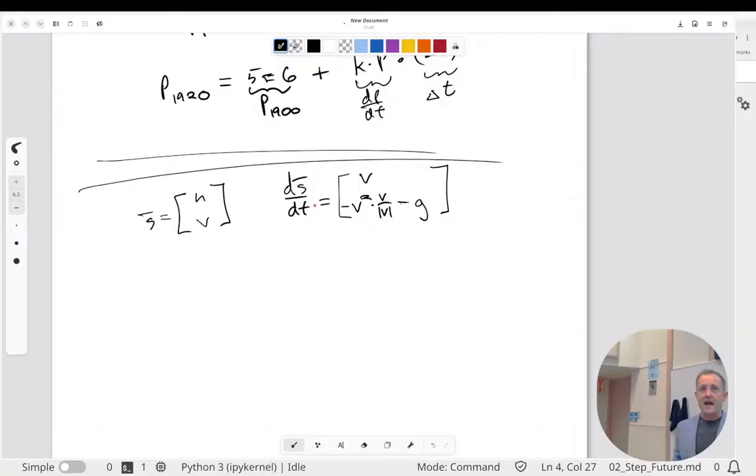Here it's going to be exactly the same formula. The only difference is now we're doing it with vectors instead of just a single value. So instead of just talking about population and change in population, we have height, change in height, velocity, change in velocity. But it's the exact same thing.